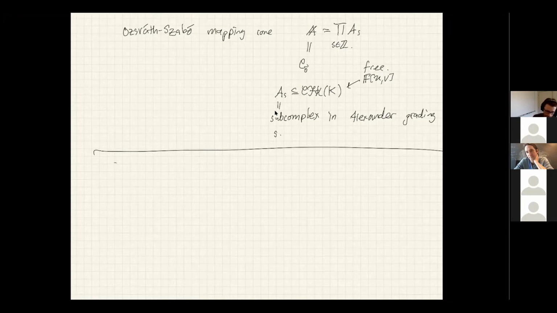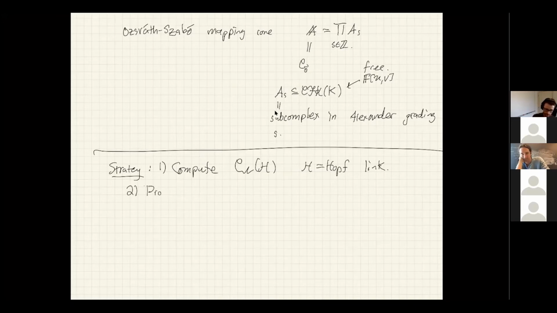So here's the strategy: we compute C lambda H for the Hopf link. And that's the first step. That's not that intense, and the second step is to prove a tensor product formula.